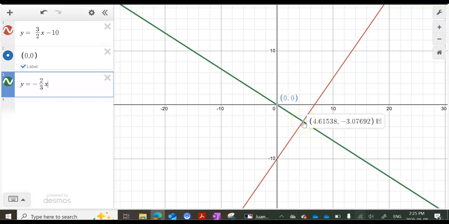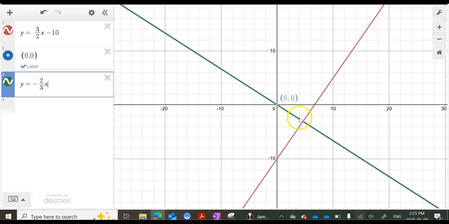Just for simplicity's sake, we're going to round it to 1 decimal place: 4.6 and negative 3.1. Those are the x value and the y value, the coordinates for the point of intersection of the two lines.